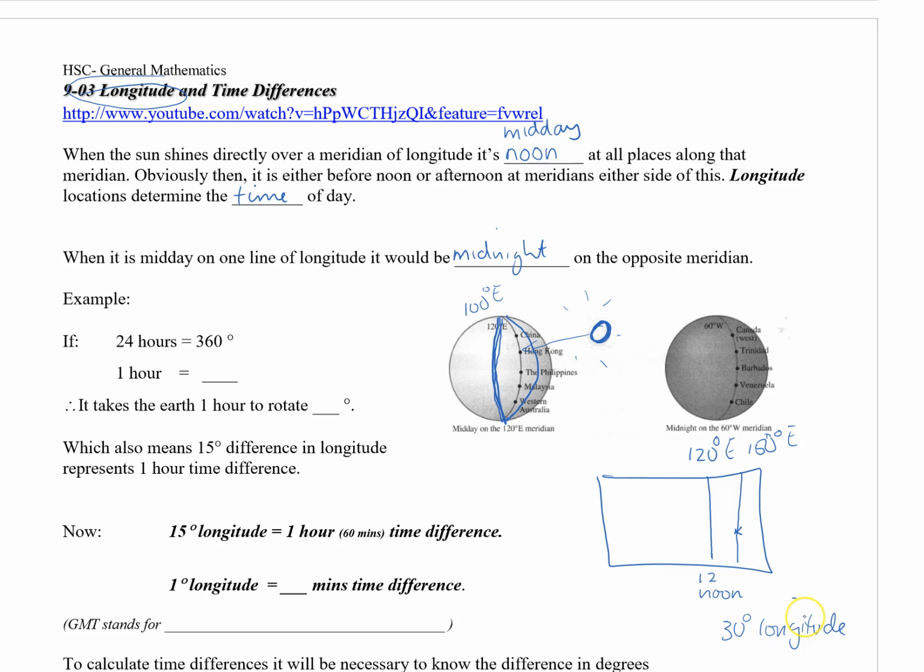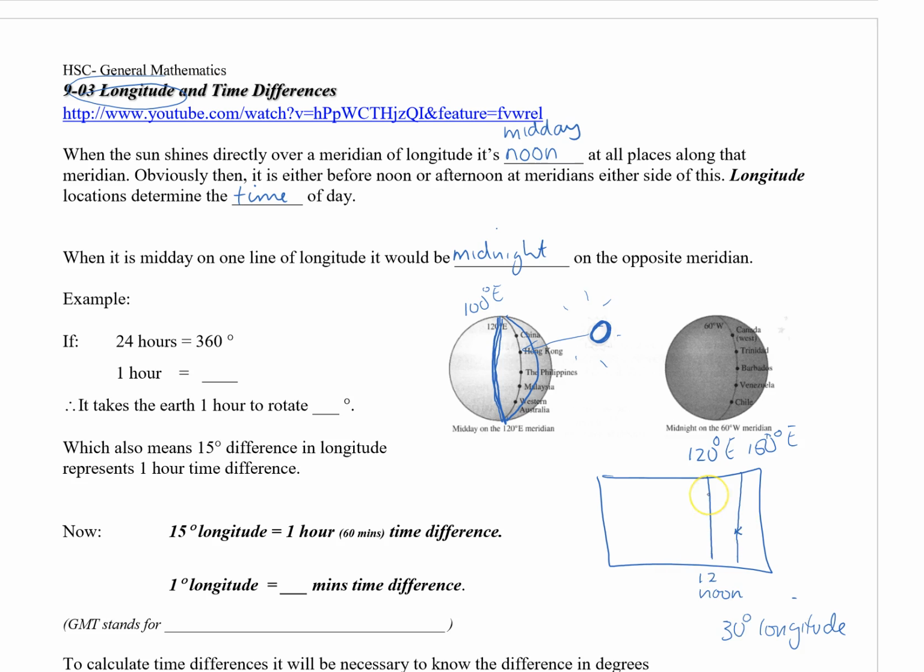So how much time does it take for the earth to rotate through 30 degrees? The sun stays fixed, it's not moving anywhere. It's actually the earth that's rotating. So how long does it take the earth to revolve through 30 degrees?